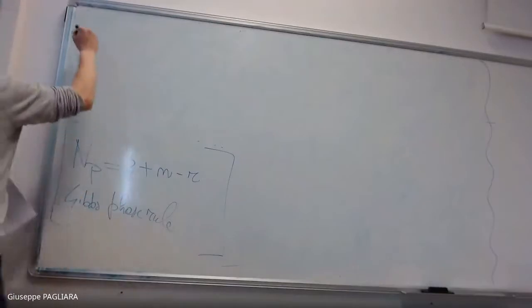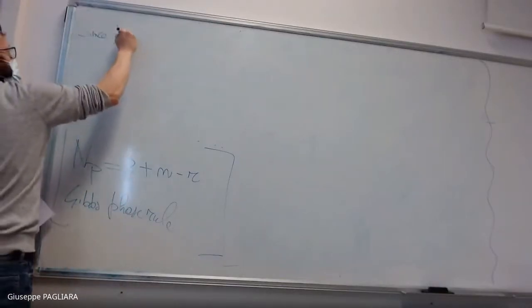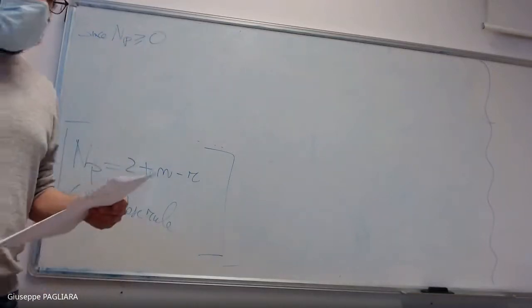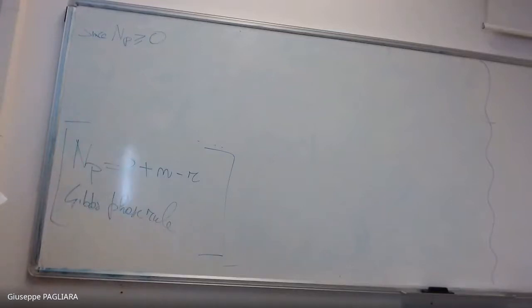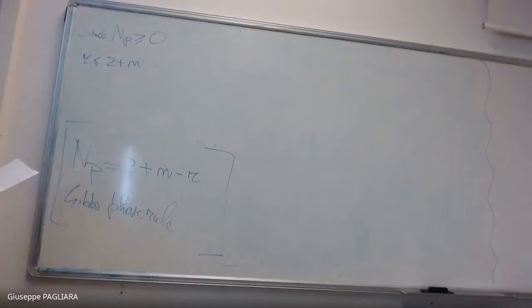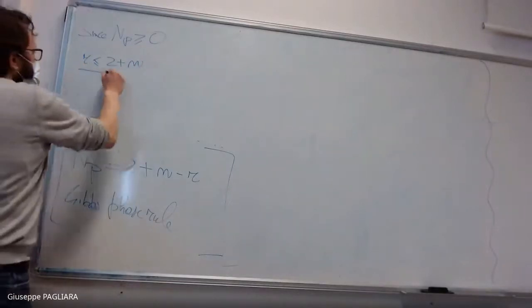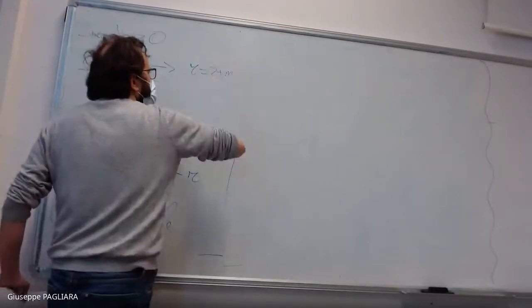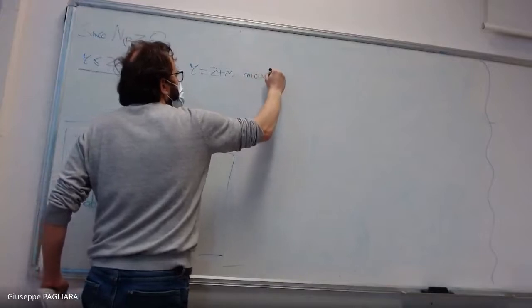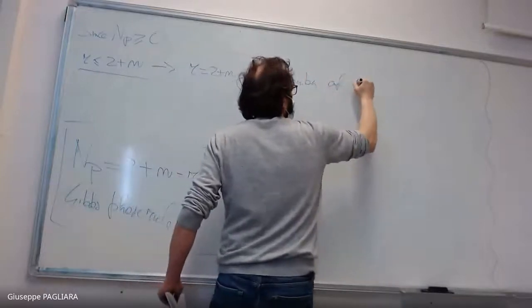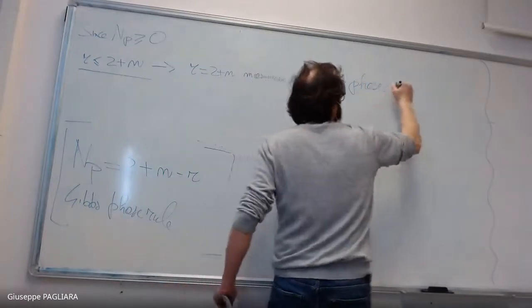Since NP must be larger or equal than 0, that means that r must be smaller or equal to 2 plus n. So r equal to 2 plus n is the maximum number of phases in coexistence.